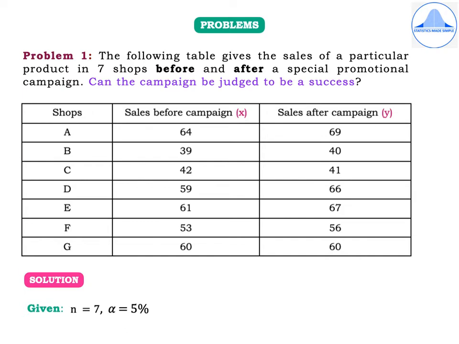The first step is to mark the sales before campaign as X and sales after campaign as Y. Then start with the solution. Write given n equal to 7 and alpha equal to 5%.